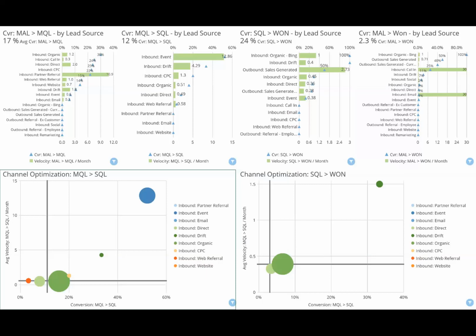The bolded lines are essentially the averages, and you start seeing whether a particular acquisition channel seems to be performing better across the funnel, across conversion and velocity. And you can start having conversations around optimization, around process, around operations, based on this data.